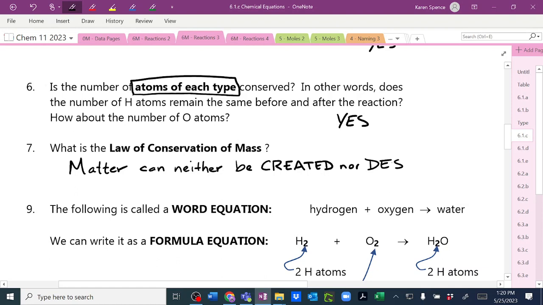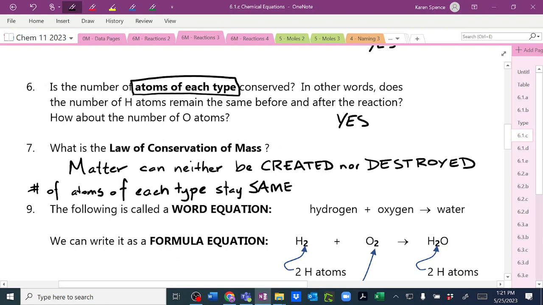So when we talk about conservation, we're talking about keeping it the same. So in other words, the number of atoms of each type stay the same, but they bond to each other differently.